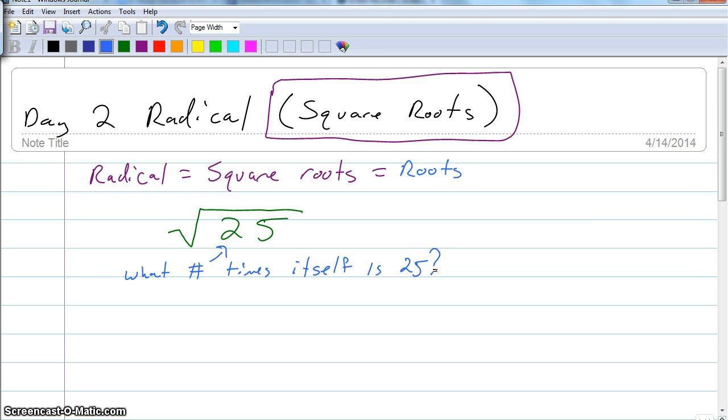Square root means what number times itself is equal to the number on the inside of the radical. So in this case, what number times itself is 25? Well, hopefully you know that it is 5.